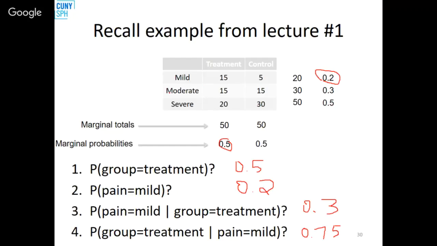We're only going to look at this row, and we see that 15 out of 20 reported are in the treatment group.